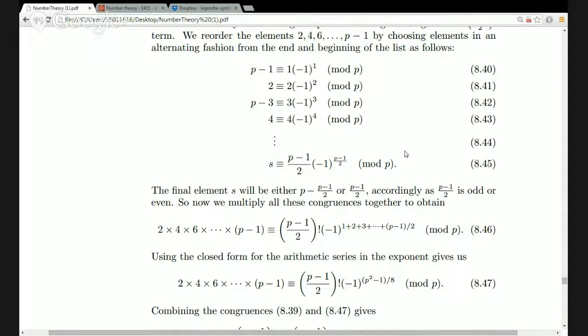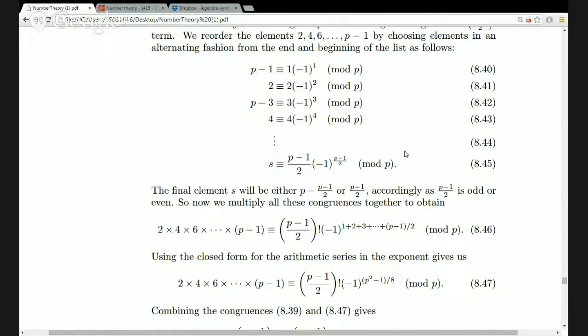So that's the formula. So 1 plus 2 plus 3 all the way up as far as p minus 1 over 2, that's going to be p minus 1 over 2 divided by 2. So it's p minus 1 over 4 times p minus 1 over 2 plus 1. So what the hell's that? That's p minus 1 over 4 times p plus 1 over 2.